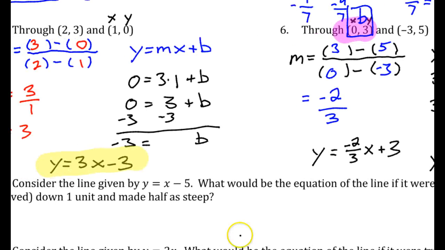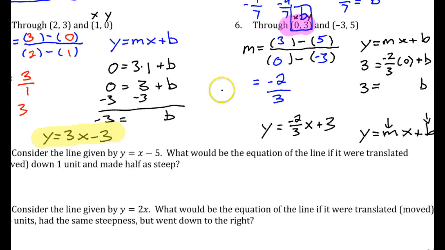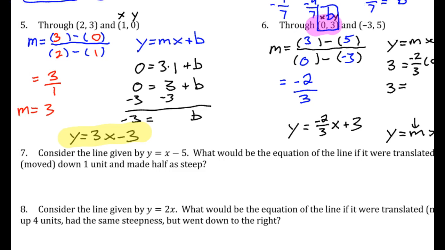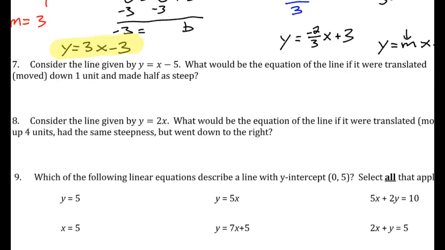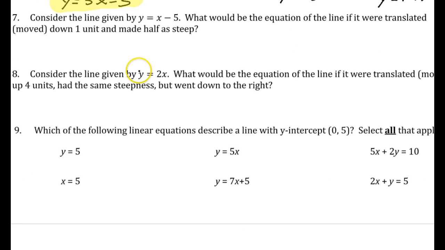Okay. Let's take a look at this. Consider the line y equals x minus 5. What would the equation of the line be if we translated it, moved it down 1 unit, and made it half as steep? So translated, what would happen in this equation if we moved it down 1?